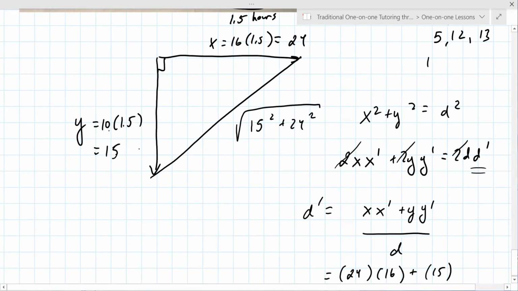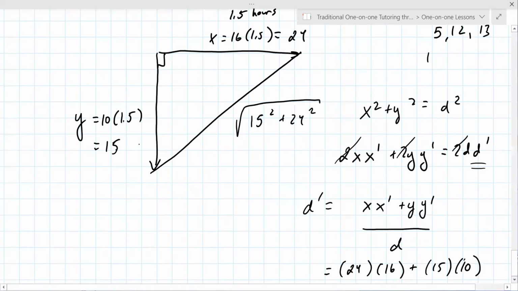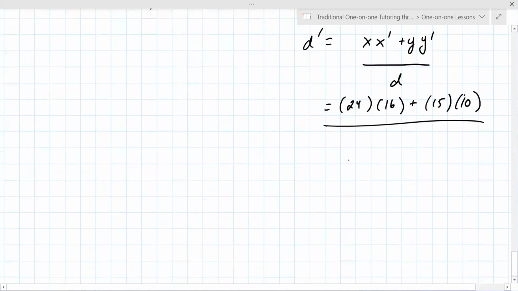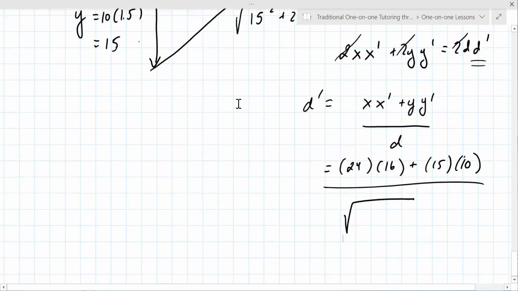Probably should just go with positive on the y prime because the distance between them is getting further apart. So we'll keep y prime positive at 10. And d is that thing we didn't find, the square root of 15 squared plus 24 squared.